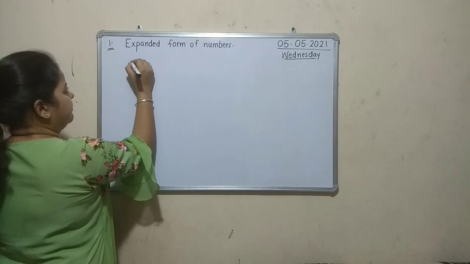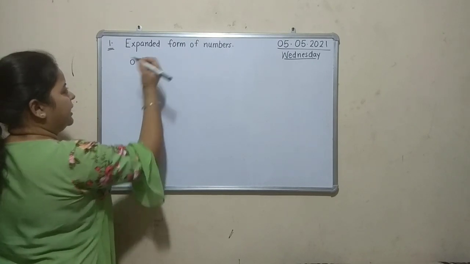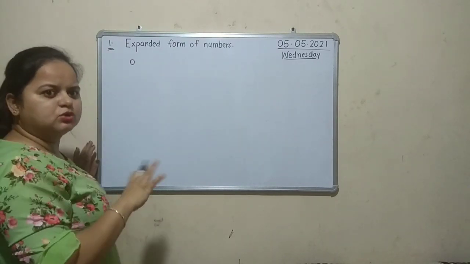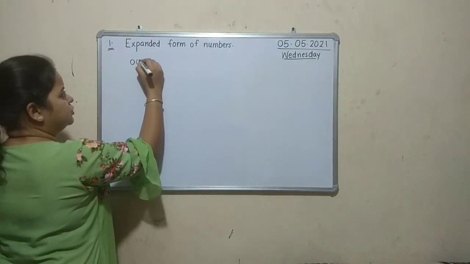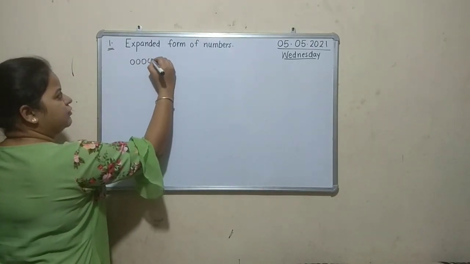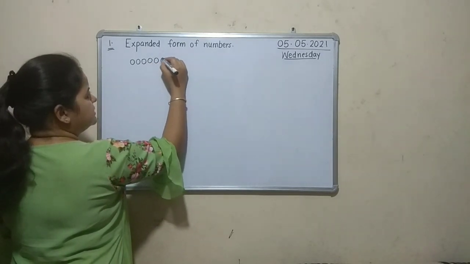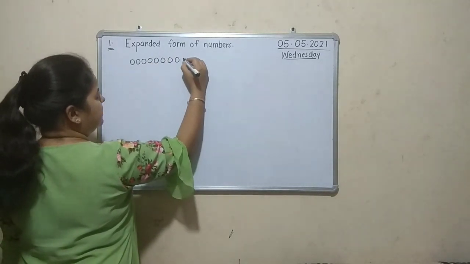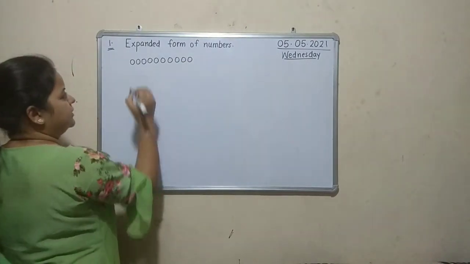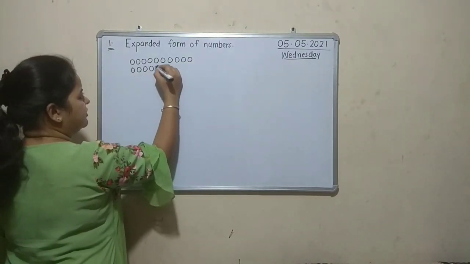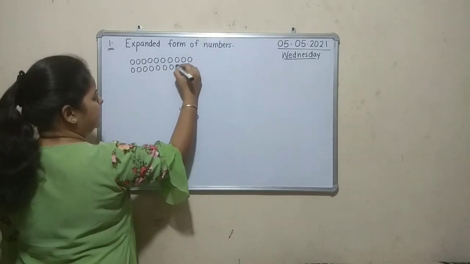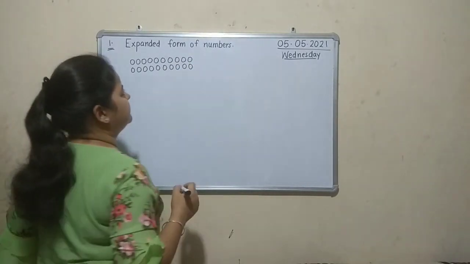The first example: I am making circles and you do the same in your notebooks. 1, 2, 3, 4, 5, 6, 7, 8, 9, 10. Again, 1 to 10.